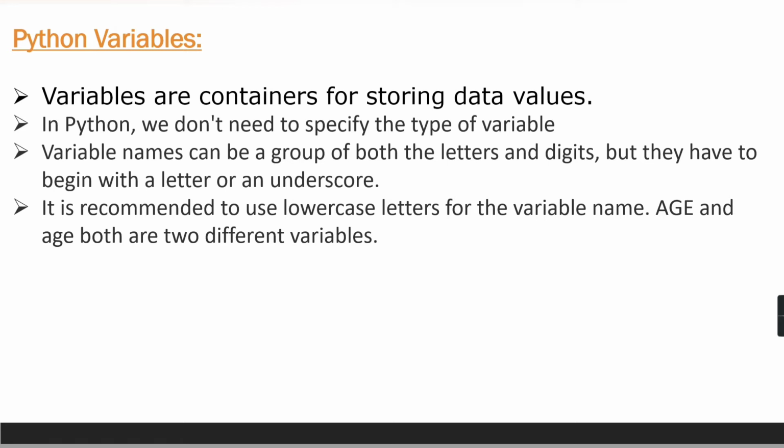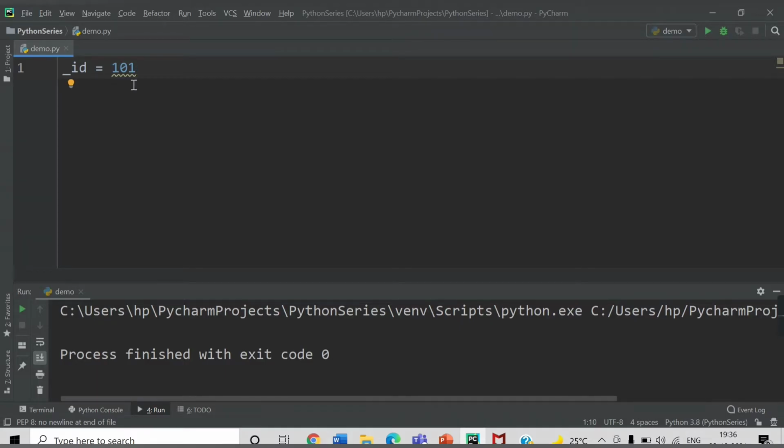It is recommended to use lowercase letters for the variable name. If you have the same name but you provide different cases, like lowercase and uppercase, they will be considered as different variables. Let's see. Let's say I have one variable called age and I have provided a value of 20.